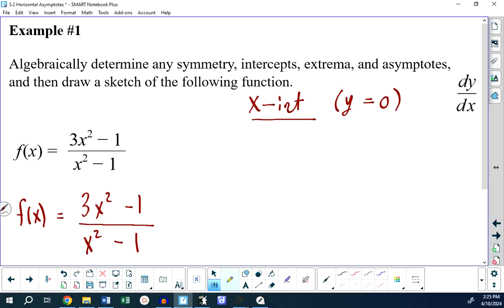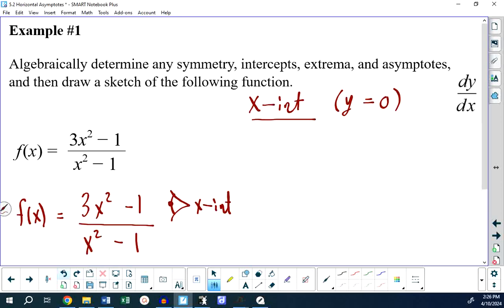The x-intercepts are found by investigating the zeros of the numerator. Because we don't need to do this. You could say, I'm going to make y equals 0 and solve that equation. But the only way that fraction will be equal to 0 is if the numerator is equal to 0.